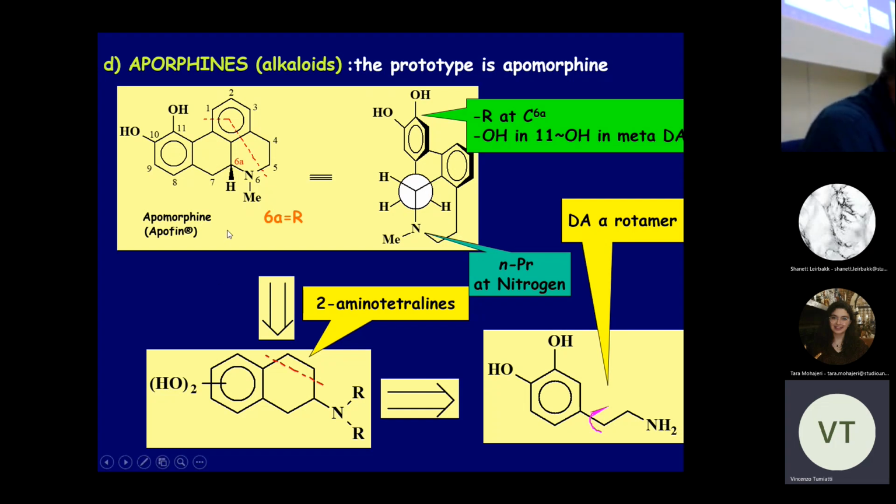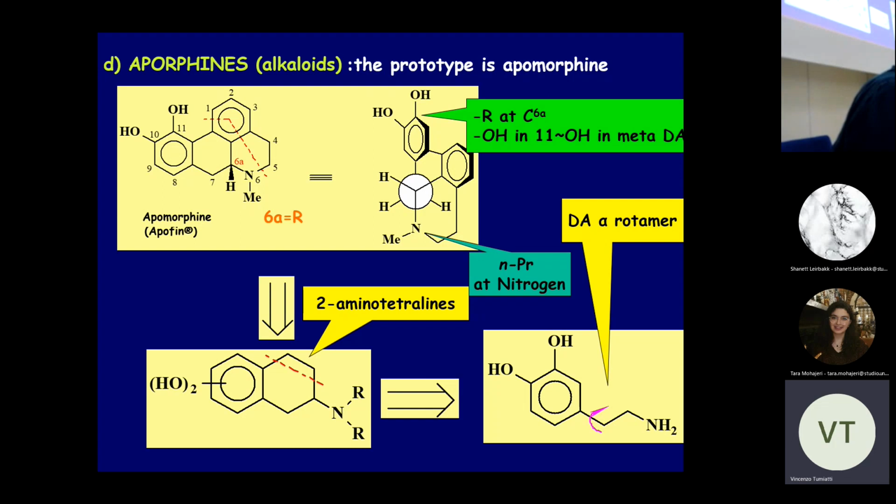Apomorphine is one of the most potent dopaminergic agonists. It is used to treat Parkinson's disease, and it has a strong effect on the stomach to cause vomiting.